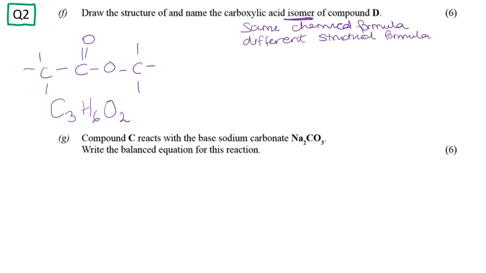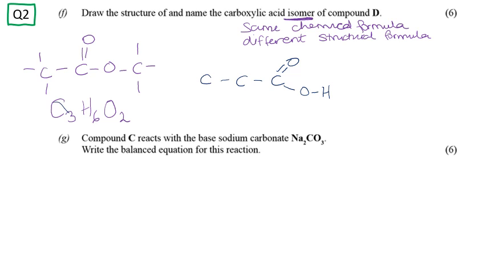So I know in a carboxylic acid, I'm going to need to have a COOH group on the end. I can then fill in the rest of the chemical formula using a carbon chain. So I'll put in how many carbons I have. That's 3 carbons.